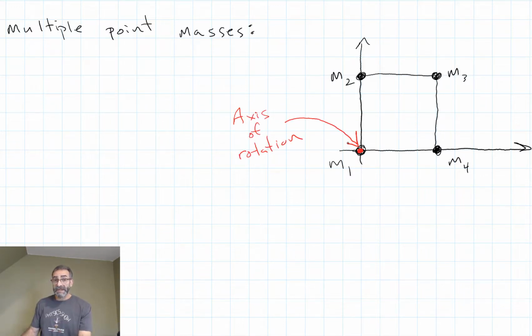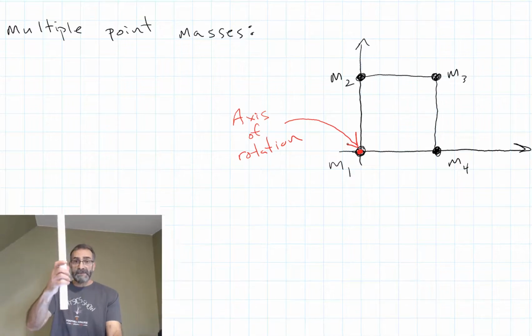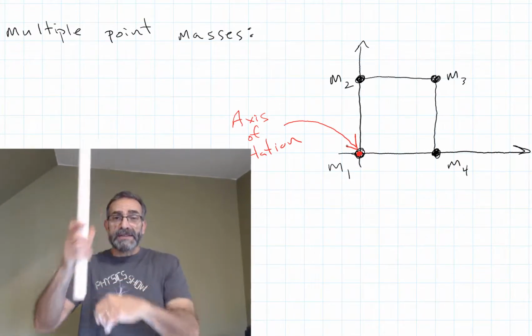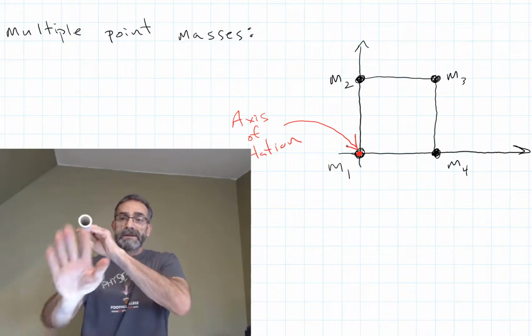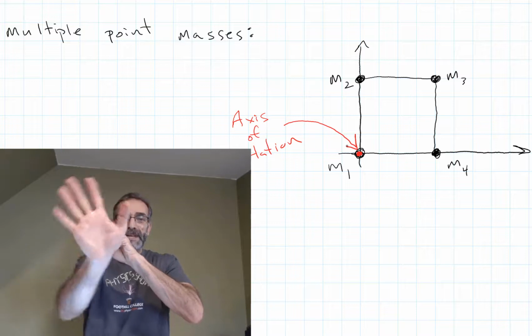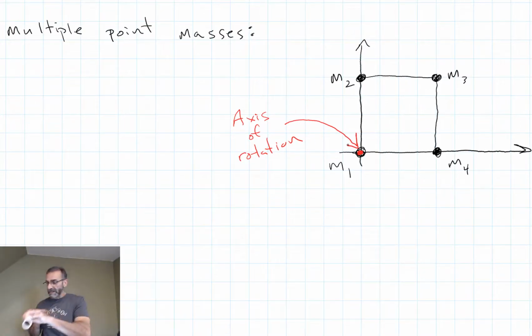So our axis of rotation is at that point, and it runs perpendicular to the page, like this, and our object is rotating in the plane of the page. Or the axis of rotation is here, and the object is rotating about that axis of rotation.